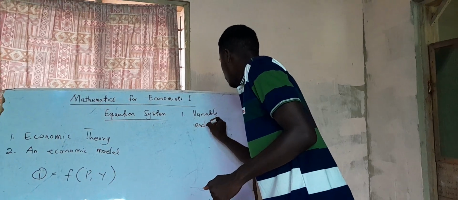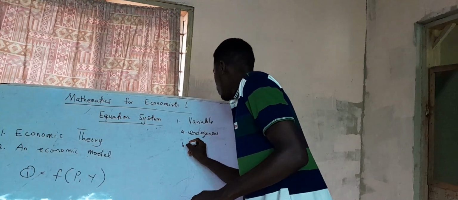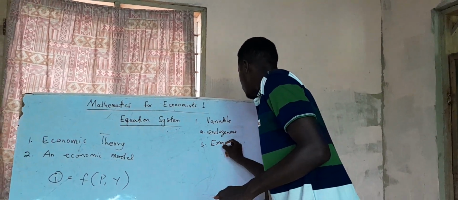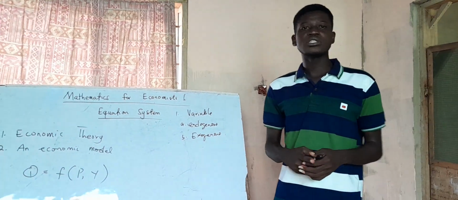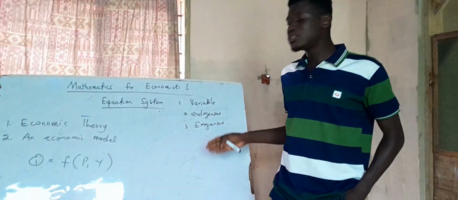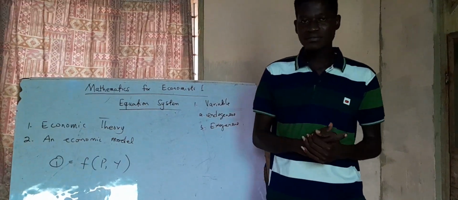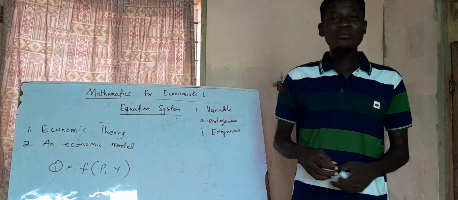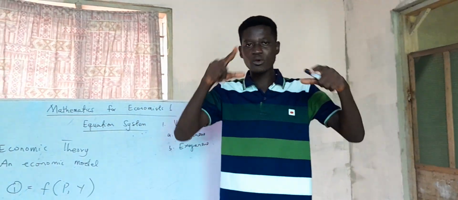Endogenous variables and exogenous variables. Endogenous variables are also called dependent variables, and exogenous variables are called independent or predetermined variables. The endogenous variables are the variables whose values are sought from the model in question.